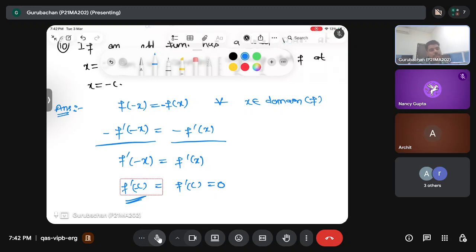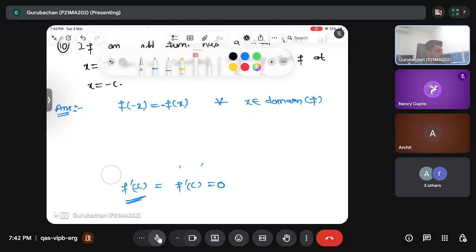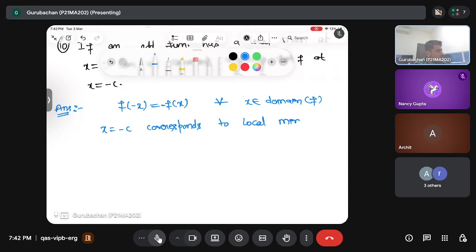So it will give you a local maxima or minima. So in general, by definition, you can say that directly x equal to minus c corresponds to local minima of f. Correct?